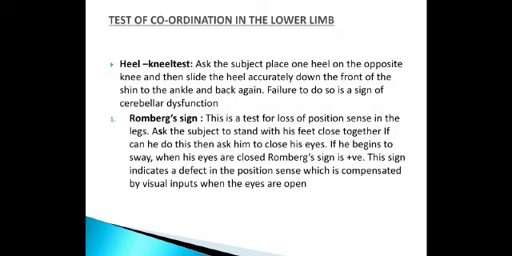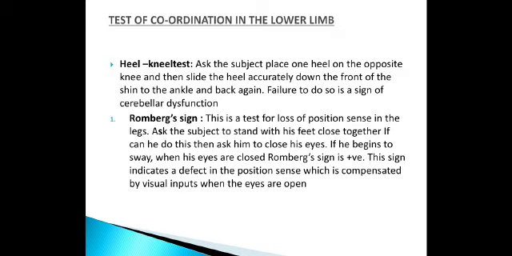Knee heel test: ask the subject to place one heel on the opposite knee and then slide the heel accurately down the front of the shin to the ankle and back again. Failure to do so is a sign of cerebellar dysfunction. You need to do it bilaterally.